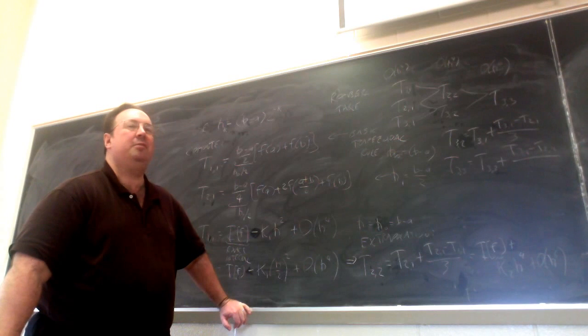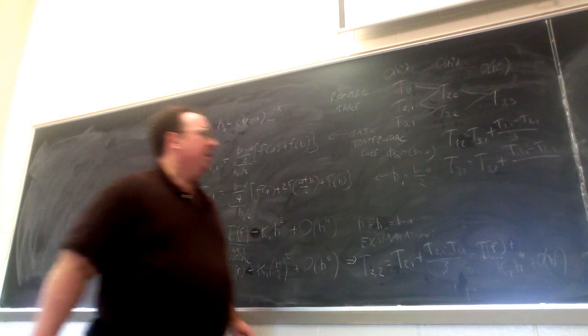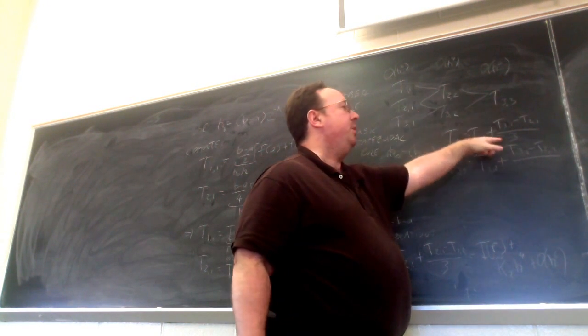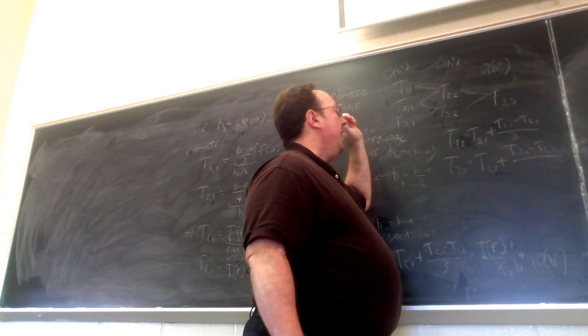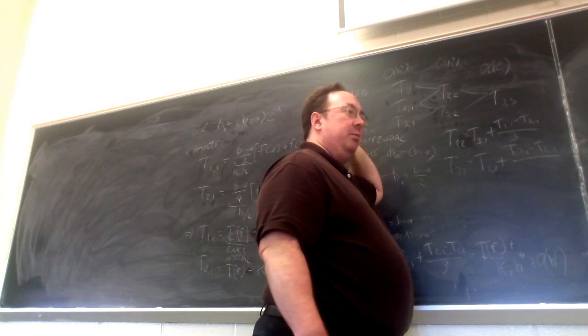We saw this last time. When I took these second order accurate approximations and extrapolated to get fourth order, I divide by 3. When I extrapolate from these fourth order approximations to get the sixth order accurate one, I'm not going to divide by 3.